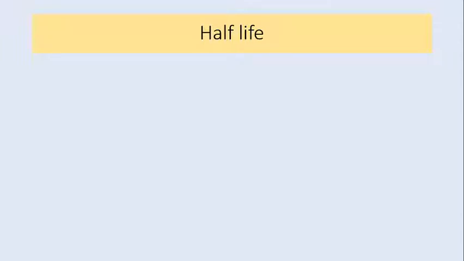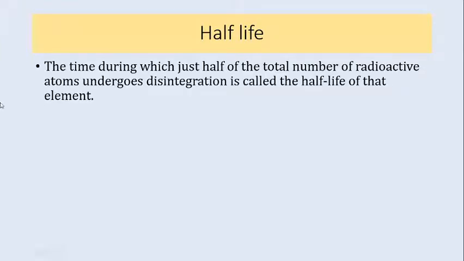So the time required to disintegrate exactly half the amount of atoms in a given radioactive sample is called the half-life of the radioactive isotope. So I repeat, the time required during which just half of the total number of radioactive atoms undergoes disintegration is called the half-life of that particular element.